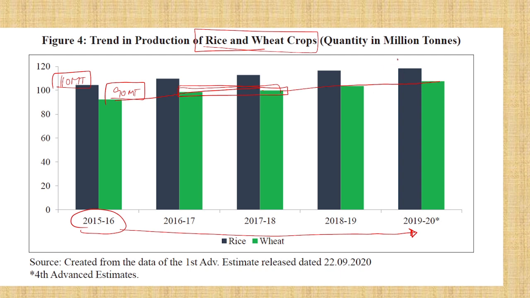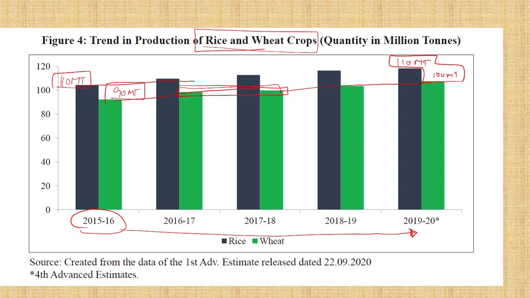See here 110 million tons, and here nearly 100 million tons. You don't have to remember all this. If you are remembering, it is very great for writing mains answers. When I used to write mains answers, I used to mug up all this data and write it. After the prelims, I'll tell you all these tricks. But in prelims, we have to note these trends.